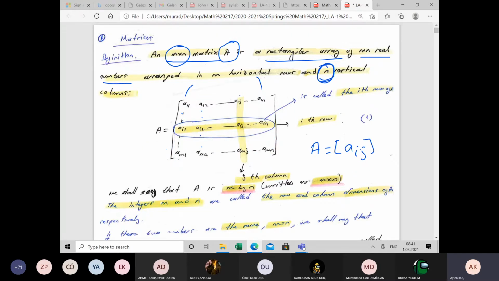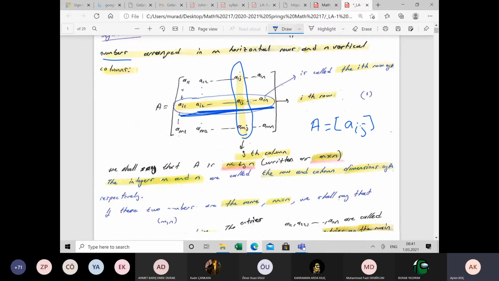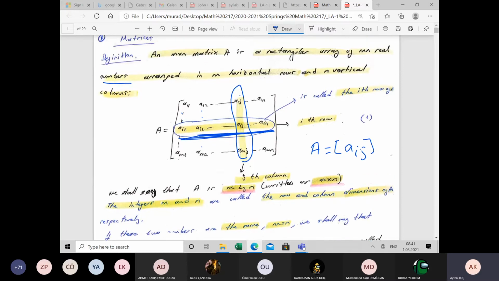Look at the matrix A here. This one is called row i. This one is called column j. Sometimes m is equal to n, the same integer.